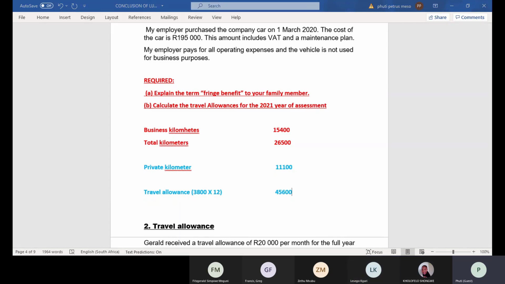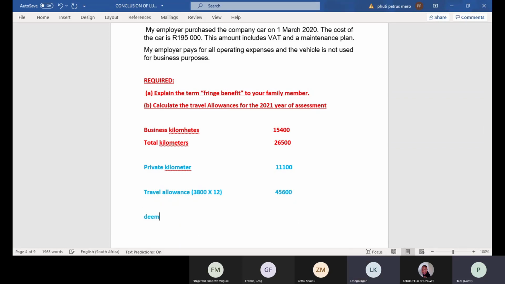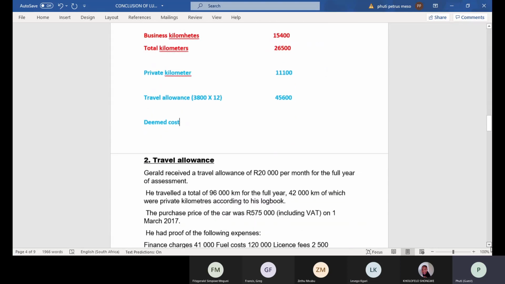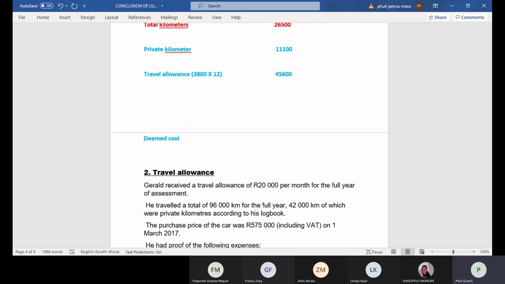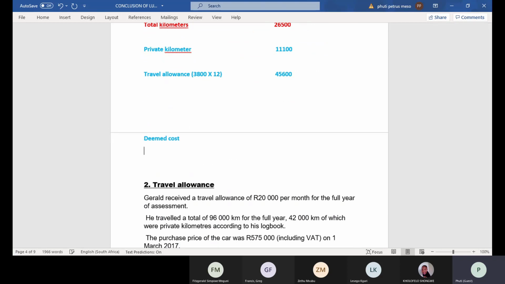Who wants to help me on how to go further with this? The next step will be calculating the deemed cost. We need to look at which one is greater between the deemed cost and the actual cost. So how do you calculate your deemed cost?